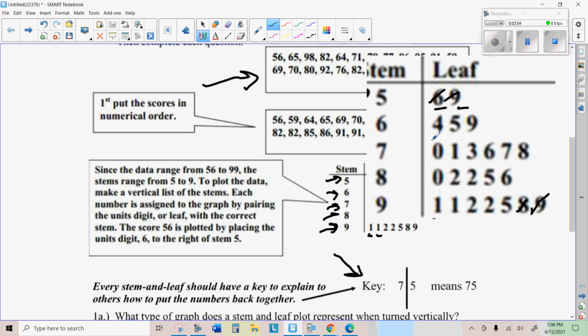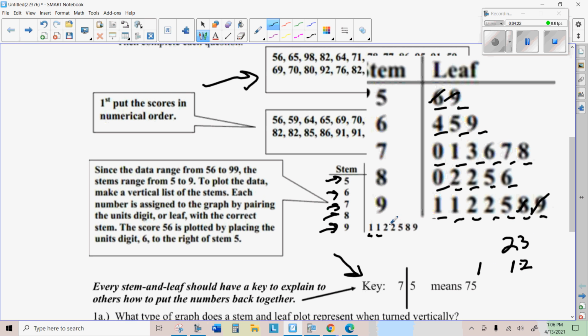So 1, 2, 3, 4, 5, 6, 7, 8, 9, 10, 11, 12, 13, 14, 15, 16, 17, 18, 19, 20, 21, 22, 23. So 23, I'm going to add 1 to that to get 24, because then it's divisible by 2. That would be 12. So the 12th number will be right in the middle.